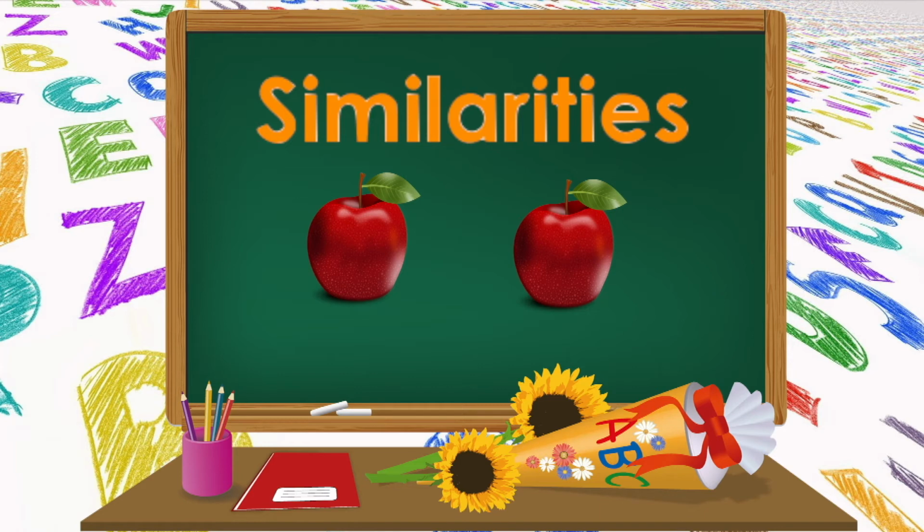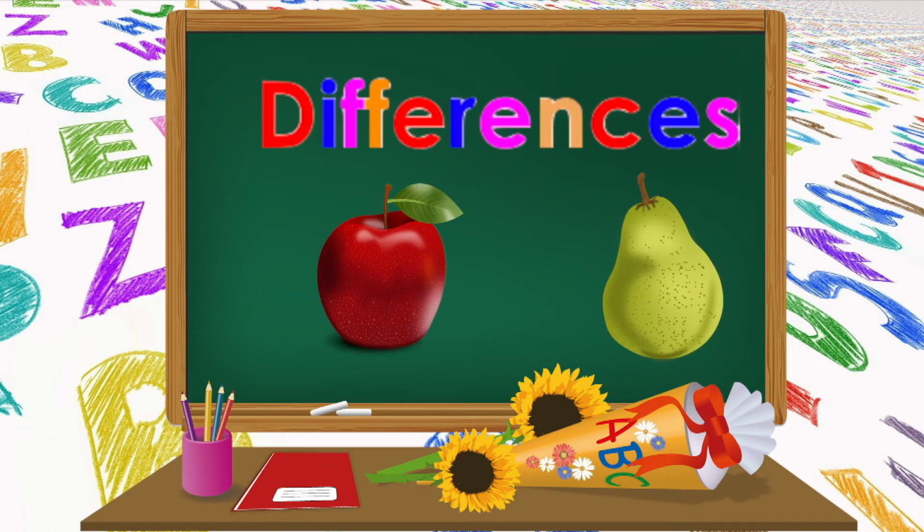Similarities are when details in both texts are the same. When you are finding differences or things that are not the same, it is called contrasting. Differences are when details in both texts are not the same.